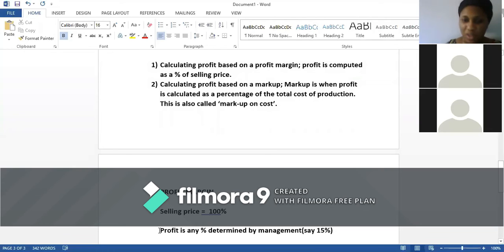So if management decides that we want our profit to be 15%, then when we are dealing with profit margin, we have in our heads that selling price represents 100%.